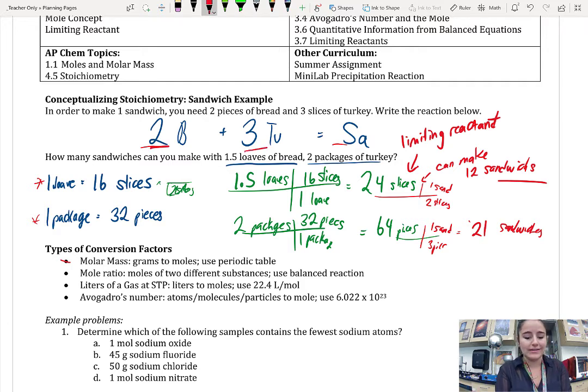For example, 2 bread to 3 turkey, or 1 oxygen gas to 2 hydrogen, things like that. Liters of a gas we'll talk about more when we get to our gases unit. And then if I want to talk about particular particles, I would use Avogadro's number. How many actual number of atoms and molecules and particles do I need?